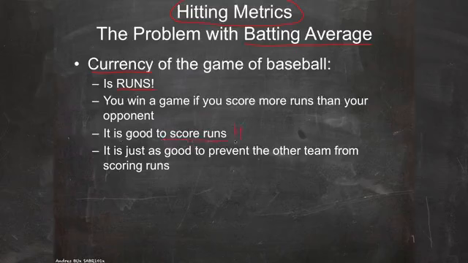So we have to get to the point where we're relating the runs scored by the offense and various indicators, like batting average, various hitting metrics that represent the ability to score runs.